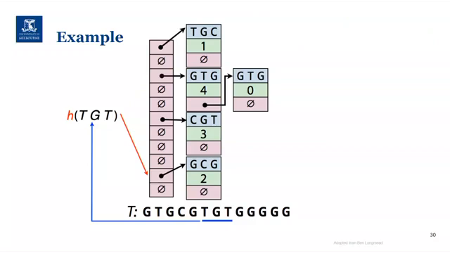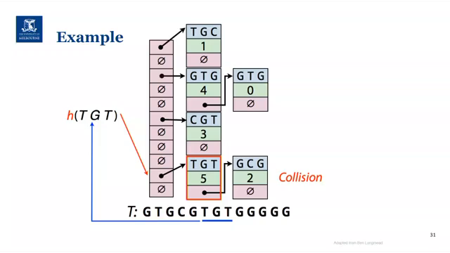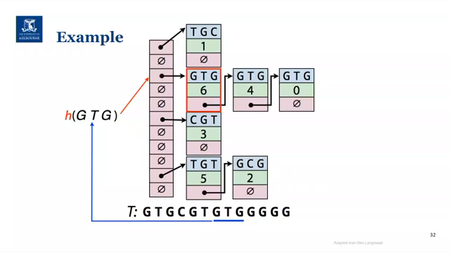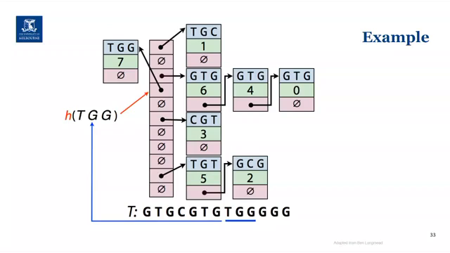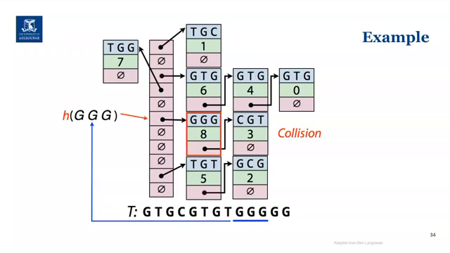And then, let's say we get to TGT, and the hash function sends us to this bucket, but it is already filled up with a different k-mer. This then is a collision, and it's inserted there where the position happens. And the algorithm keeps going. So I have another repetition here, and this is a new k-mer, and another collision here.